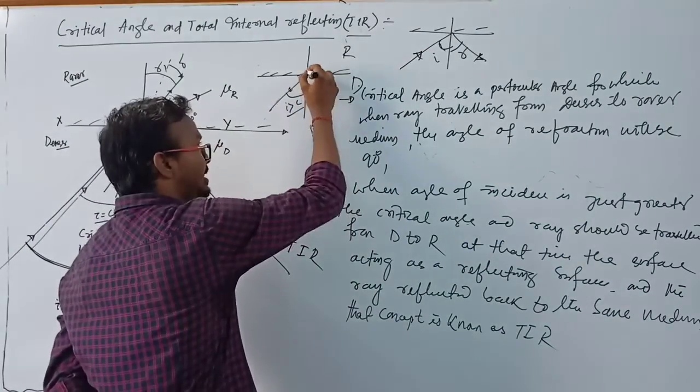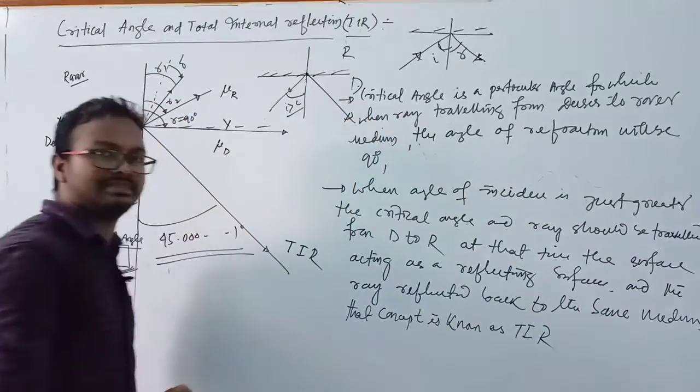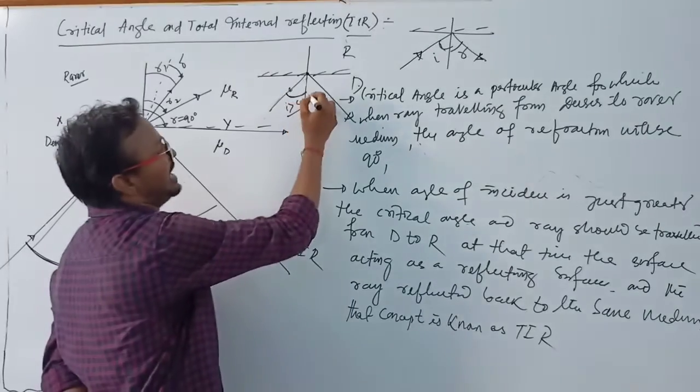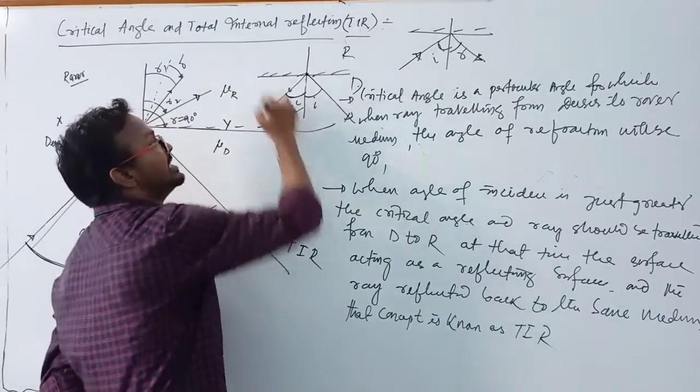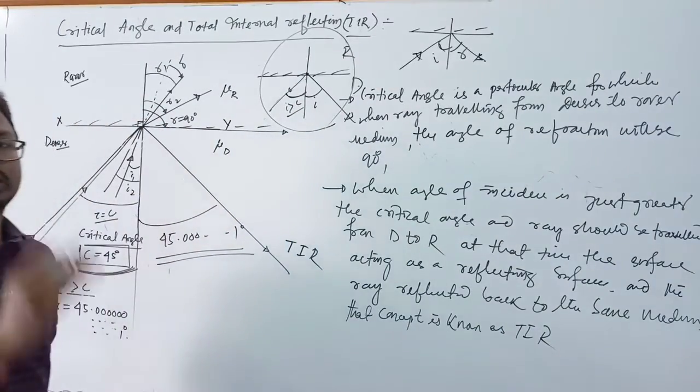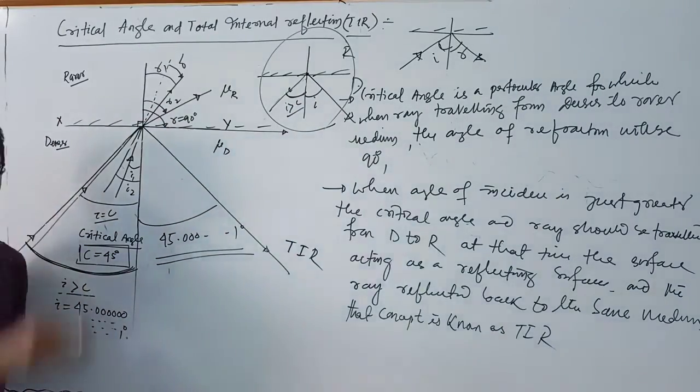That means the ray reflects back to the original or same medium, and if this angle is I and this angle is also I, this is the concept of total internal reflection.